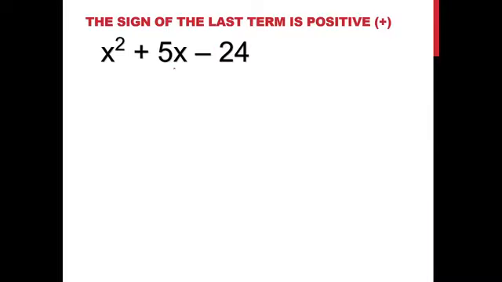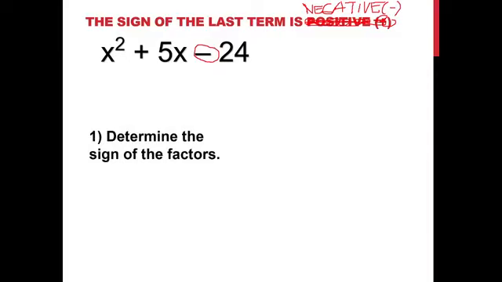What if the last term is not positive, what if the last term is negative? Now this time, we will be subtracting the factors. So let's look at the signs first.